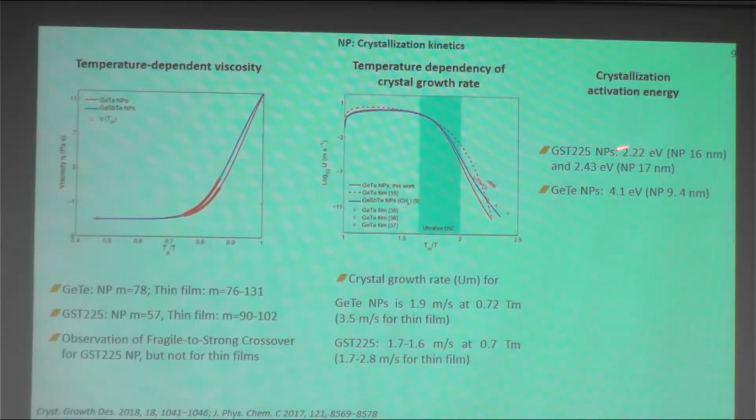For thin films, they also have this value, so there is not a large difference. And for germanium telluride, we have a crystallization activation energy on average for 4 nanometers, which is a little bit larger than for GST225.